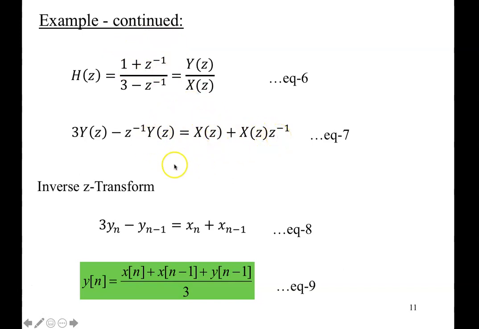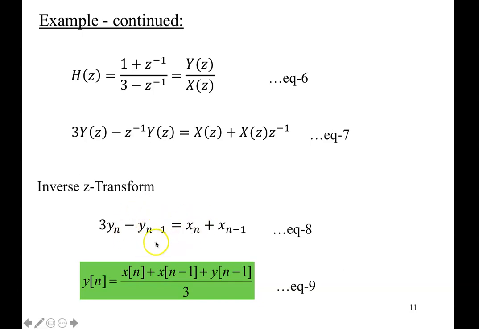Apply the inverse Z transform to that. X(z) gives me x[n]. X(z) times z^-1 is the delay of x[n], therefore it is x[n-1]. Y(z) is y[n]. Y(z) times z^-1 is y[n-1], a delay of that, a previous value.